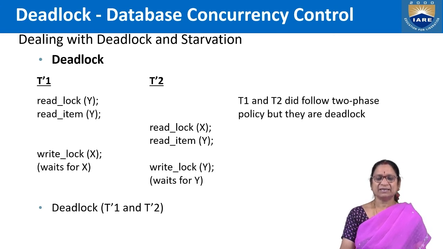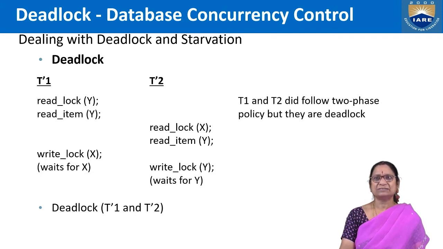So in the current example we are reading Y and writing X. While coming to writing X, T1 and T2 do not follow the two-phase policy, but they are in deadlock. Two-phase policy means they are not releasing any locks, only the acquiring phase is there.